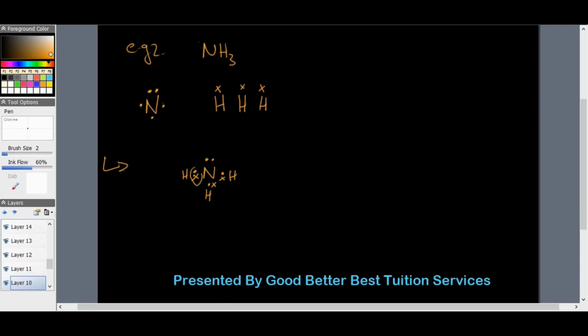So this indicates the bond between hydrogen and nitrogen, and so do these other 2 as well. They have bonded to each other. That's the point. It's to show the bonding of electrons together. That's basically what it is. Lewis diagrams.